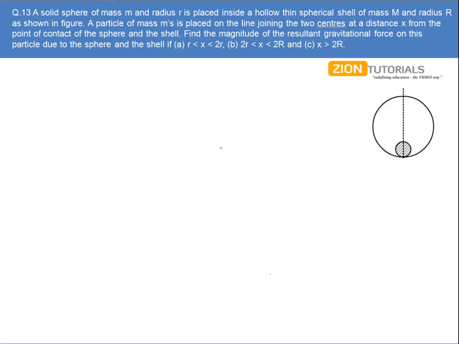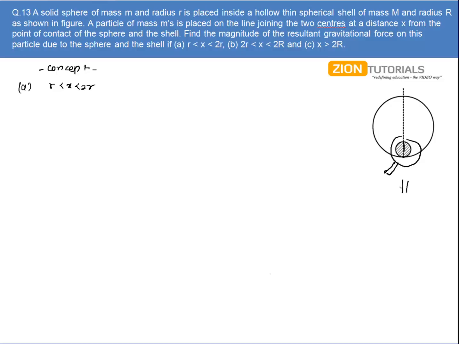Now first things first, the concept is that if a particle is placed inside a hollow shell, then the gravitational force between both of them will be 0. In the first case, x lies between r and 2r, that is, the particle is lying somewhere on this line. We must put a magnifying glass over here so we can look at what is happening inside.